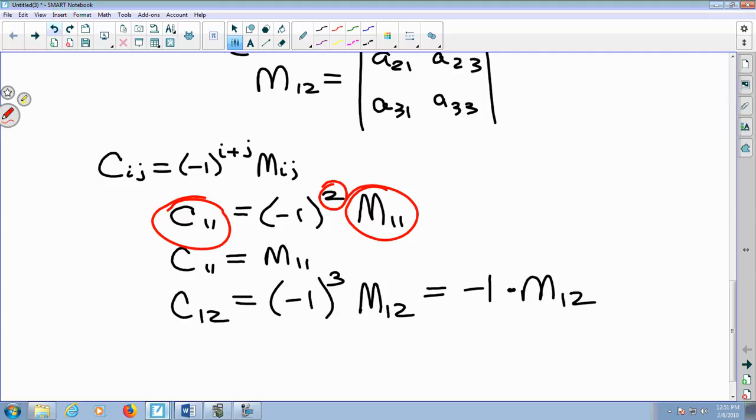When i and j add up to be an odd number, meaning the row and the column add up to be odd, then C12 is equal to the opposite of M. So the cofactor is equal to the minor when the row and column add up to be even, and the cofactor is equal to the opposite of the minor when i and j add up to be odd. That's what we want to gather from this.